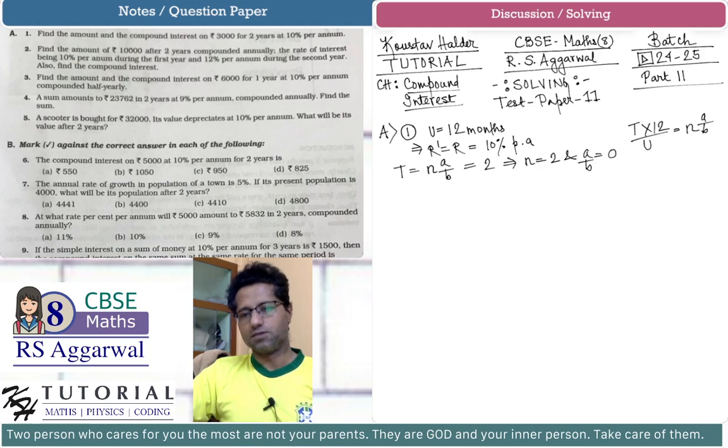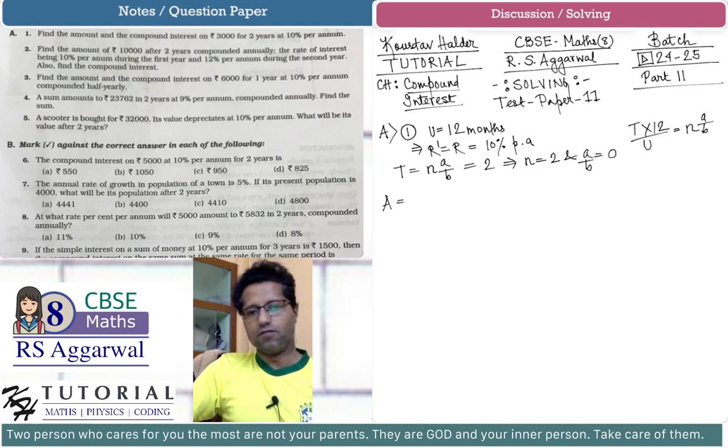U could be 6 months when the interest is being compounded half yearly, and U is 3 months when the interest is being compounded quarterly. So accordingly, we will have different values of N and A by B. Okay. So for this problem, we have this. Now it is asking for the amount and the compound interest.